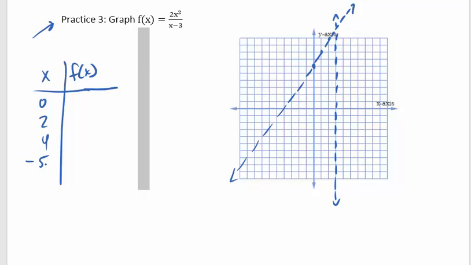So let's see, if I plug a 0 into the equation up here, that would be 0 over 0 minus 3, or 0 over negative 3. Well, 0 divided by negative 3 is still 0. So we get the point 0, 0 as one of my points here. Let's see, when I plug a 2 into this, let's see what happens there. It'd be 2 times 4.